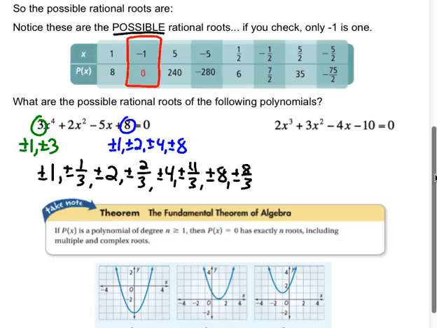For the next one, so here factors of 2 are just 1 and 2. Factors of negative 10 are just 1, 2, 5, and 10.